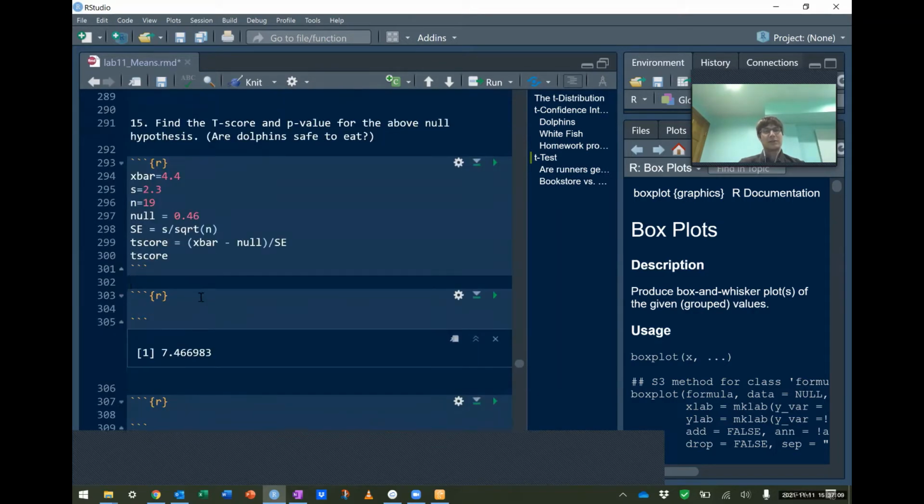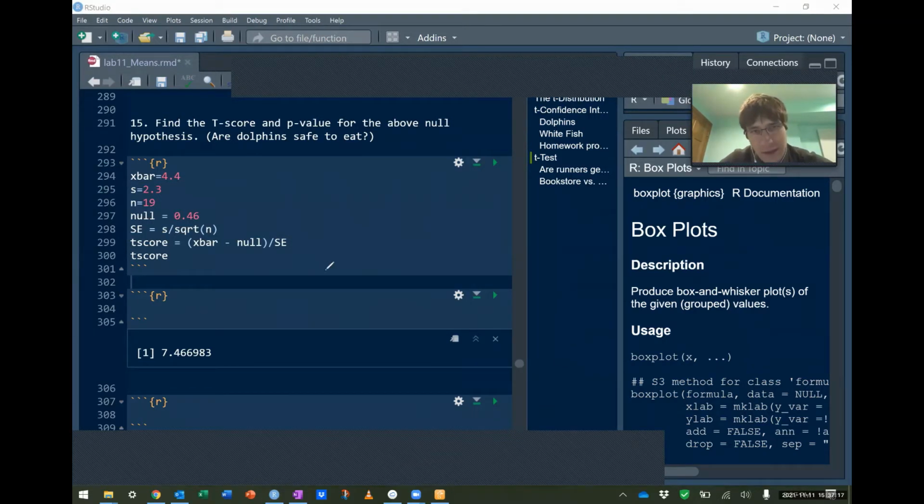There's the t-score. So the p-value is going to be, let me see if I can draw on here, annotate, if it lets me. The p-value is going to be the probability of observing something greater than what we found. So we found our t-score to be, what was it, 7.46? And 0 is always the center of the t-distribution.